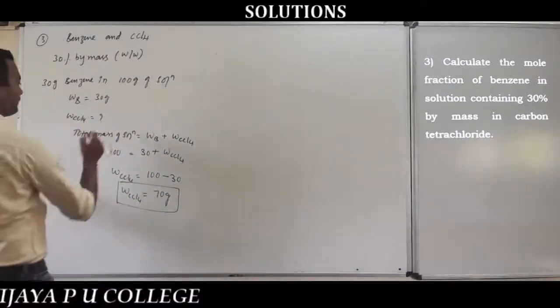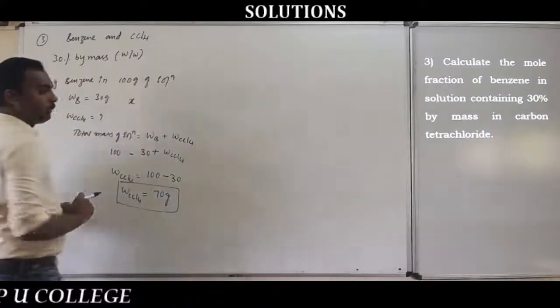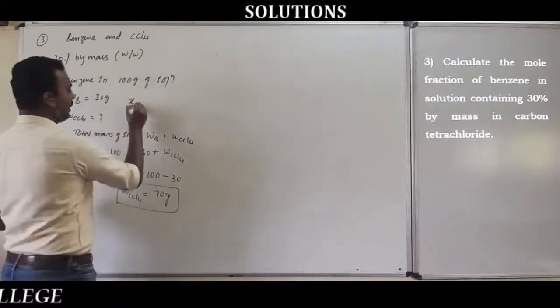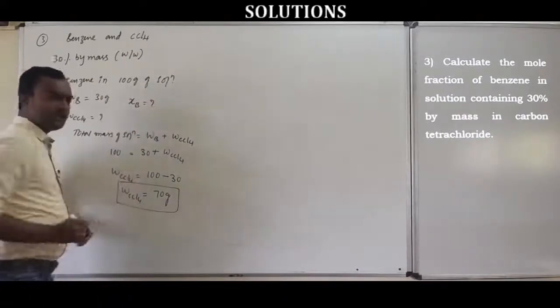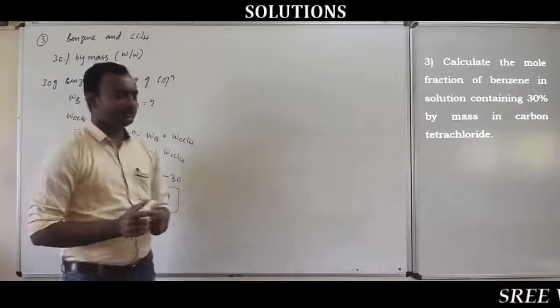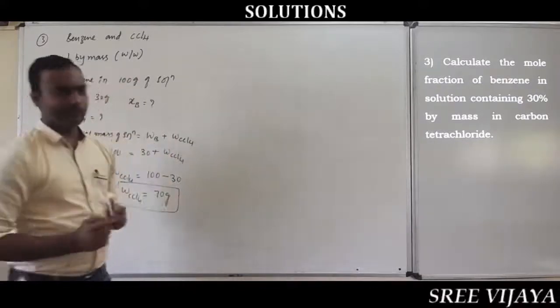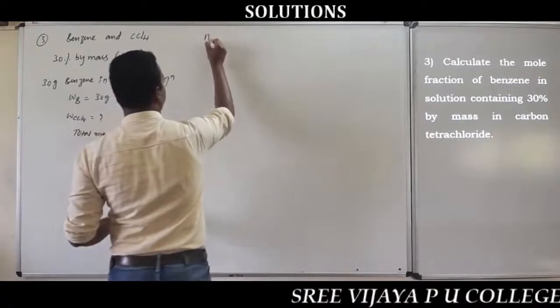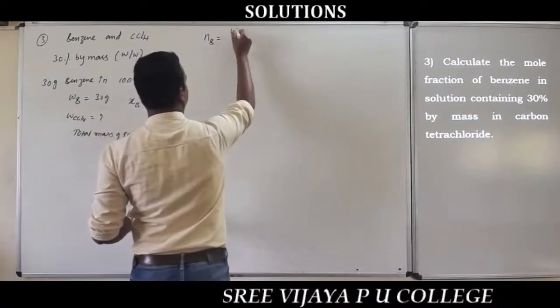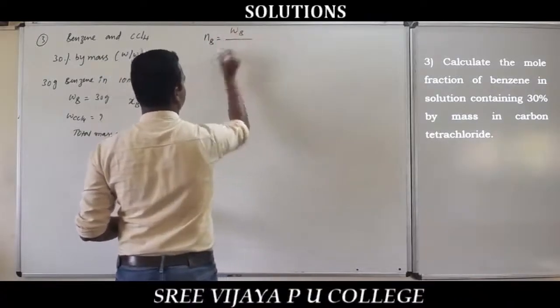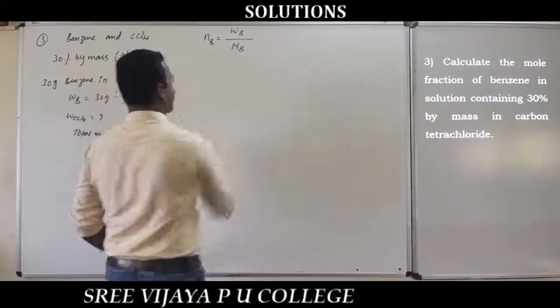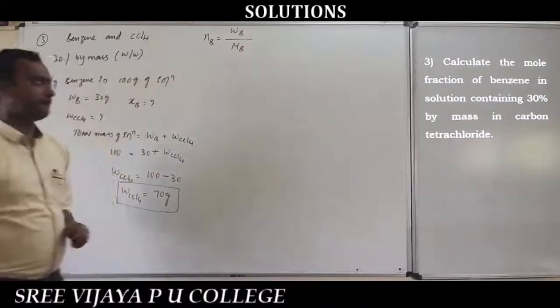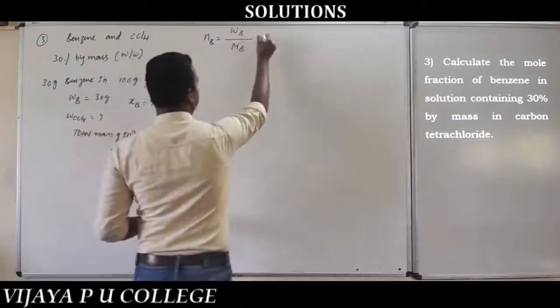So our intention is to calculate the mole fraction, that is x of benzene. To find x of benzene, first we have to find the number of moles. So let us find the number of moles for the two components. Number of moles of benzene is equal to mass of benzene divided by molar mass of benzene, where B refers to benzene. So the mass of benzene is given.